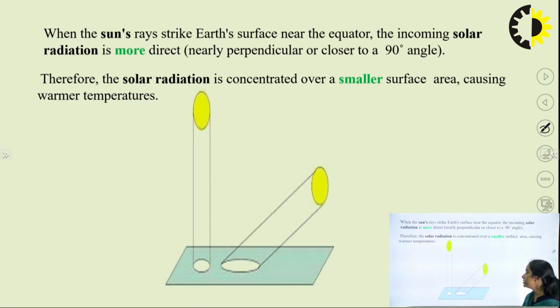Therefore, solar radiation is concentrated over a smaller surface, causing warmer temperature. See, this is the concentrated solar energy that we are receiving across a small area, so it will cause warmer temperature than this.